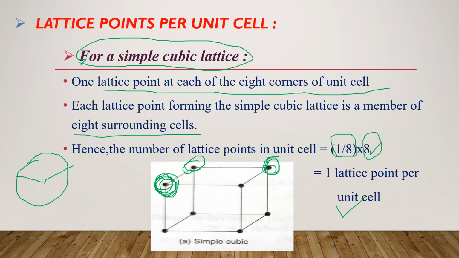Each of you gets one third of the pizza. So 1/3 of pizza into 3 people gives you 1 pizza. Similarly here, 1 by 8th of 8 gives you 1 lattice point per unit cell.